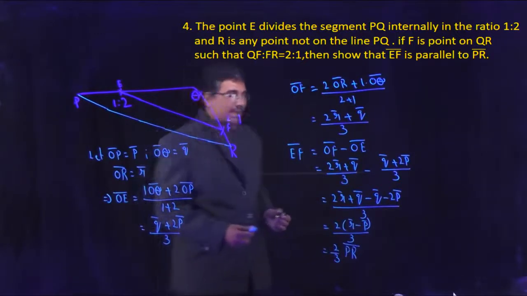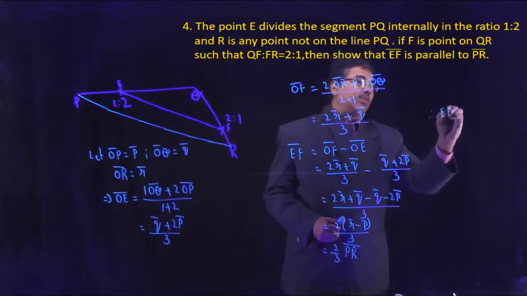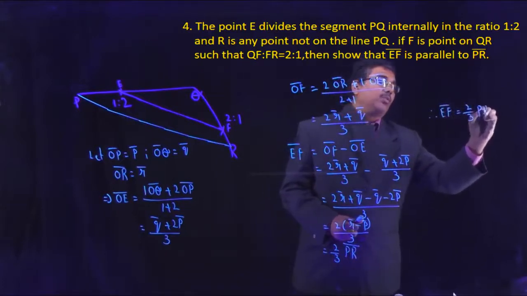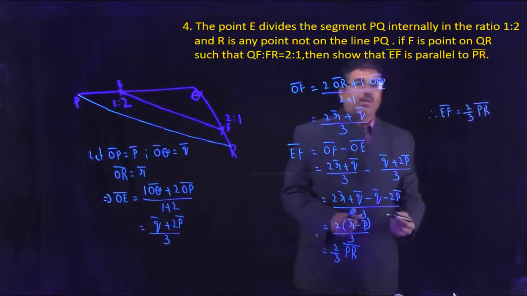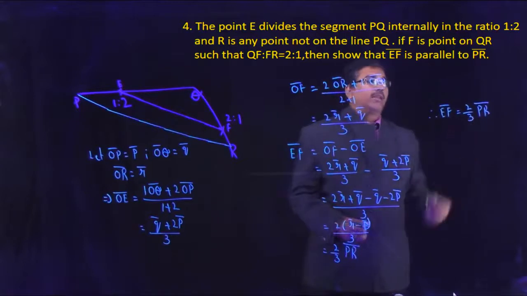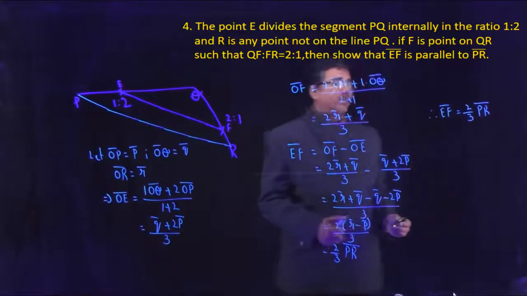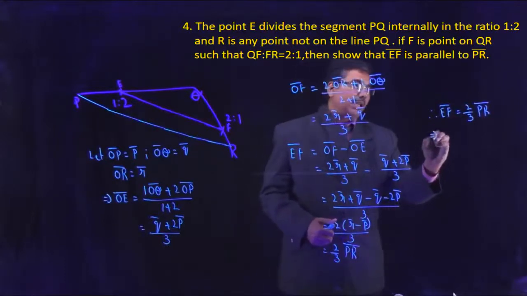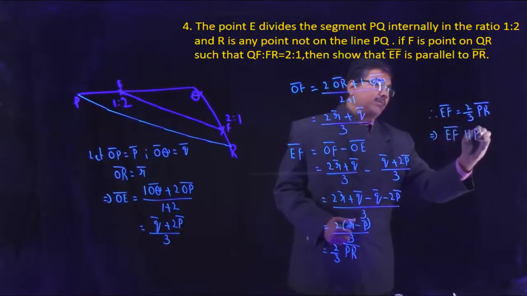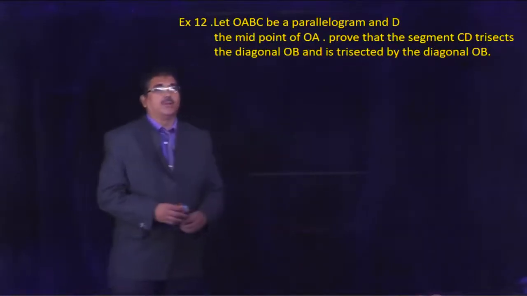Therefore EF bar is equal to 2 by 3 times PR bar. One vector is a scalar multiple of another vector, that implies EF bar is parallel to PR bar.